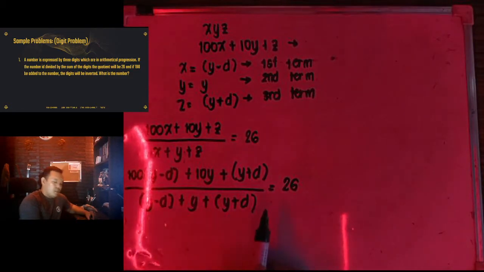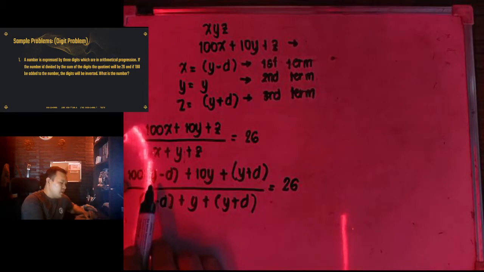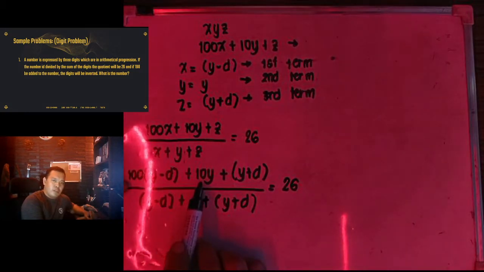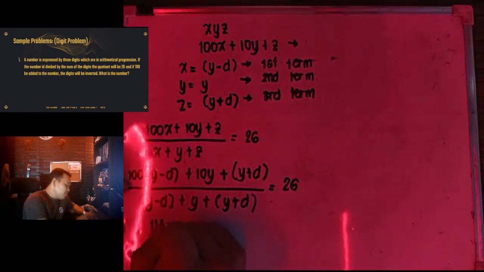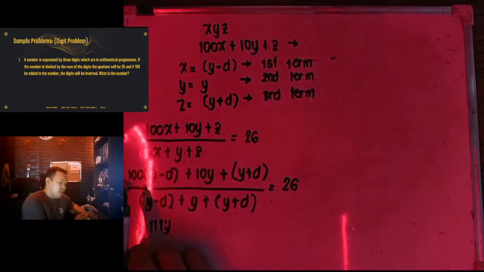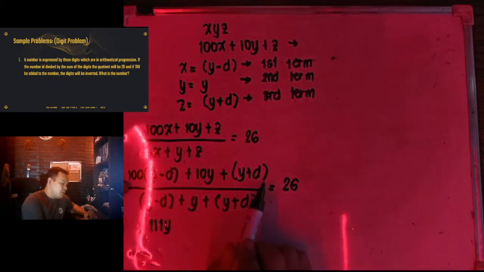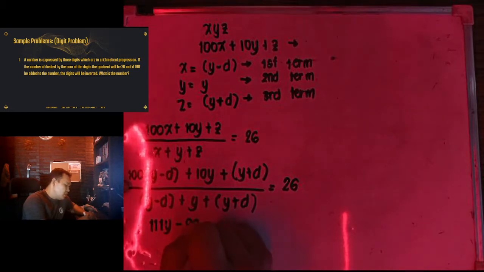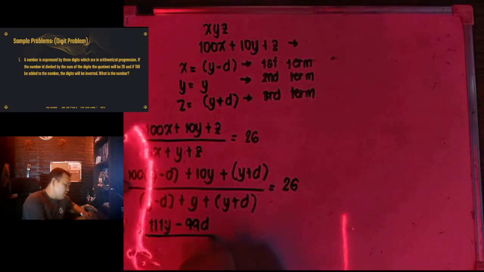Simplifying this, we will get the value of y in terms of d. 100y plus 10y is 110, plus y is 111y. Then 100 times negative d is negative 100d, plus d is 99d, all over 3y, since the d terms cancel, equal to 26.